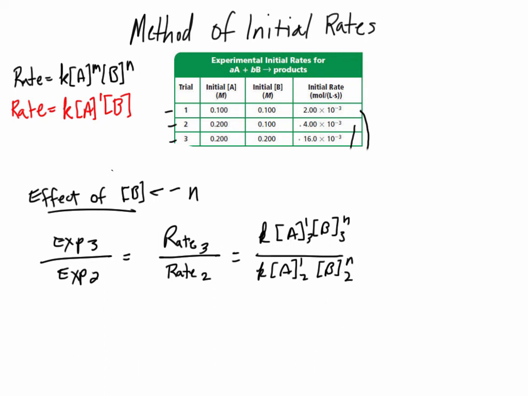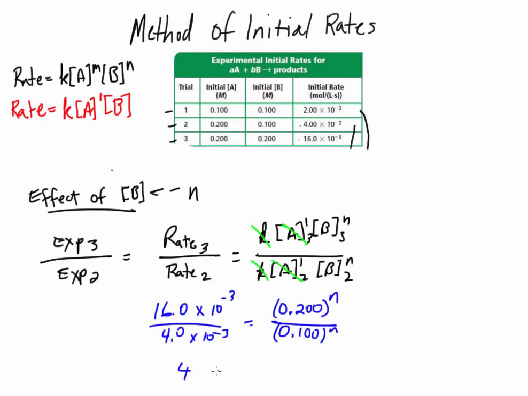As you can see, k cancels and A cancels. That leaves us with the rate of 3, which is 16, over 4. Here you're going to have 2 to the n, and n is equal to 2.